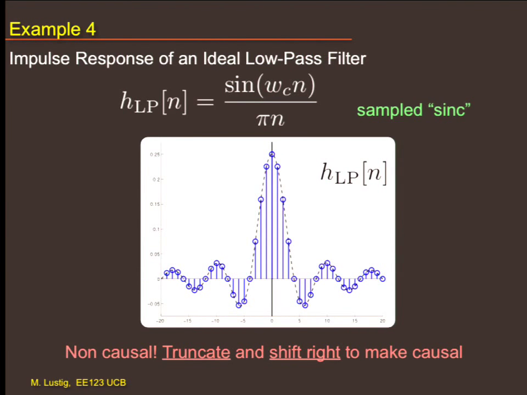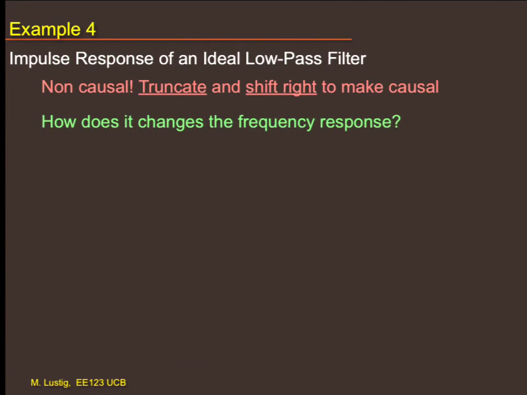That is going to have certain implications on the performance of that filter. It's not going to be ideal anymore. But now we have the tools to analyze the effect. How does it change the frequency response? By the way, slides are available on the website beforehand. You can print them if you want to.